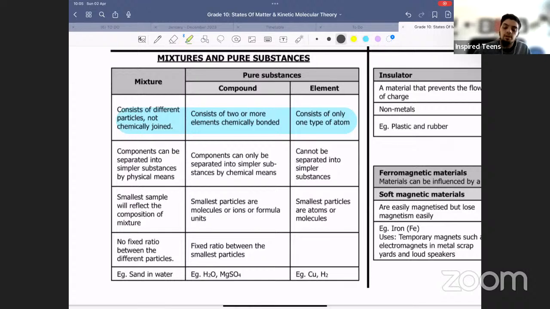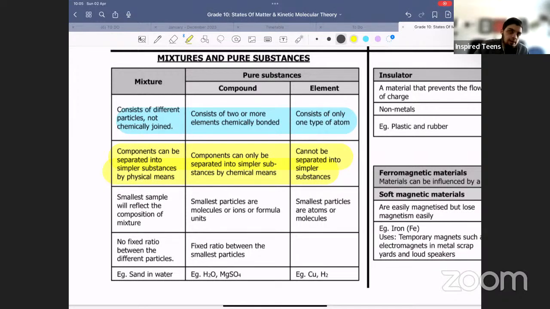Let's have a look at the next one. We can make a difference between mixtures and pure substances. For mixtures, components can be separated into simpler substances by physical means. When we think mixture, a very casual example is a salad.